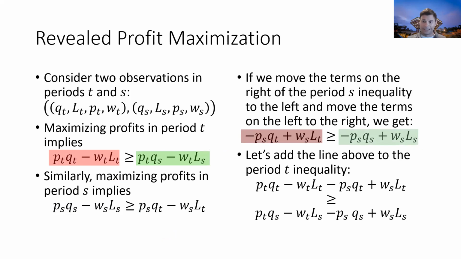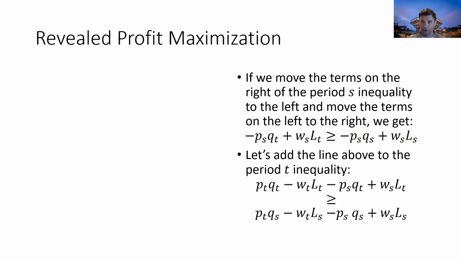We'll just combine these two profit maximizing conditions. And what we're going to be able to do now is recognize, hey, there are some terms we can group together and factor out. So let's go ahead and look at that carefully.